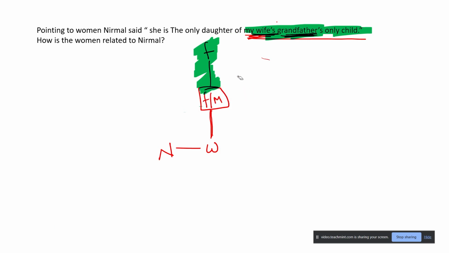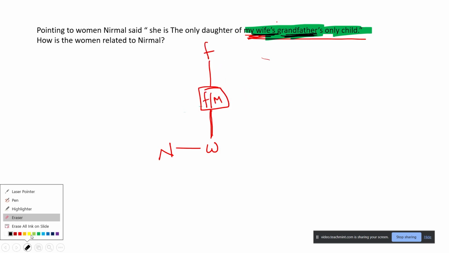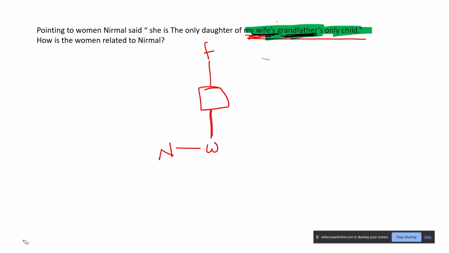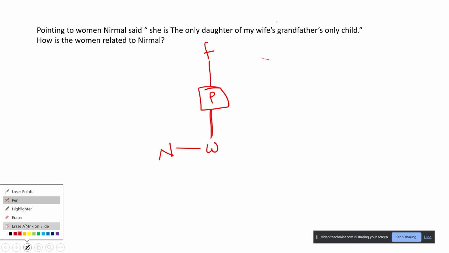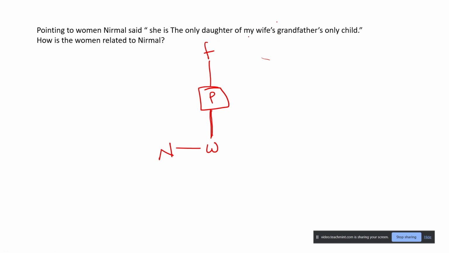Just wait, I will retry once again. You'll get a better idea. We don't know father or mother, so I'm going to replace it with parent P. So let's pay attention here. He is saying my wife's, that means Nirmal's wife. Grandfather means Nirmal wife's parent's father.